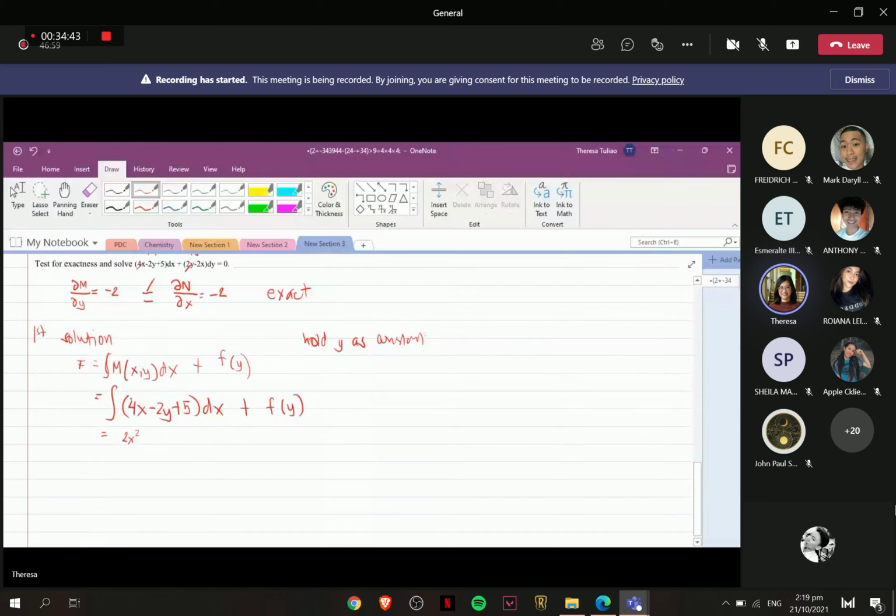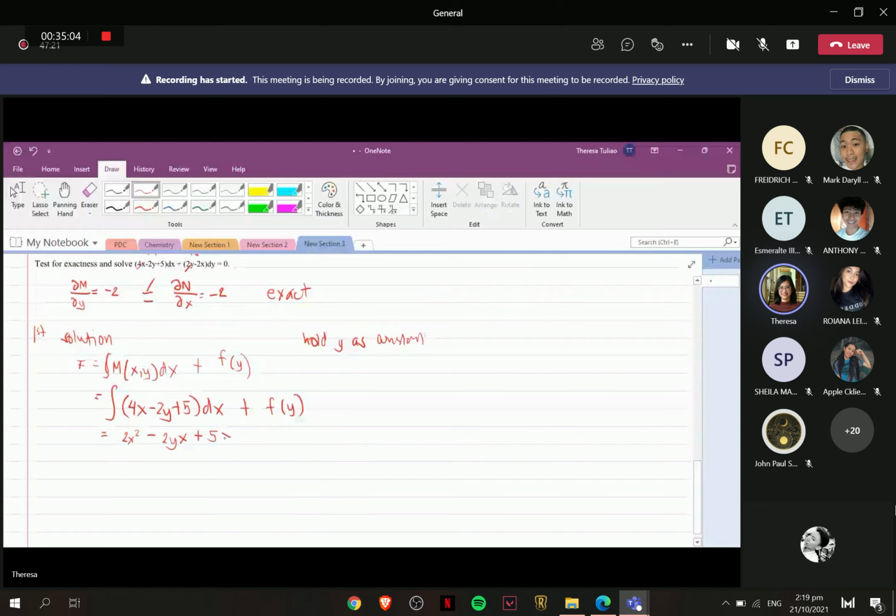So simply 4x squared over 2, I should say. So, simply 2x squared. Minus, constant ang y, so 2yx. Okay? Plus 5x.